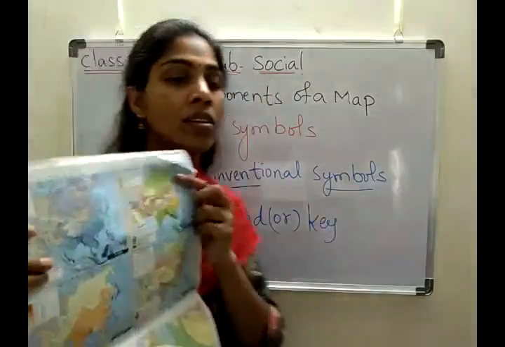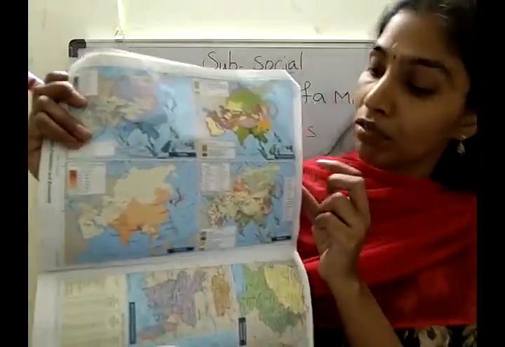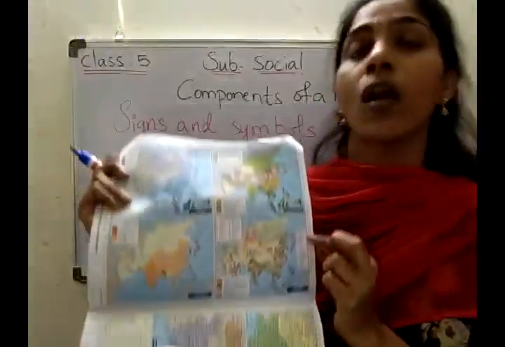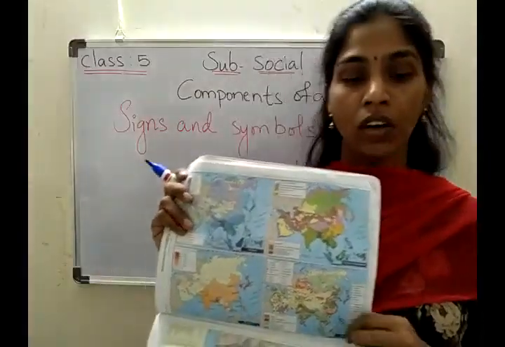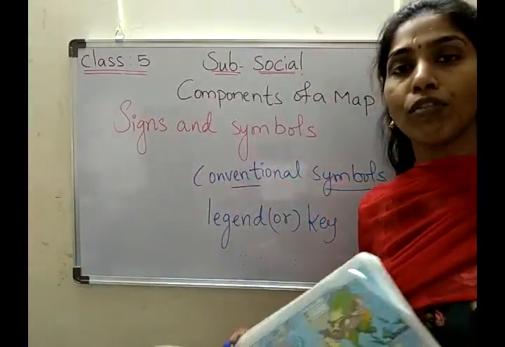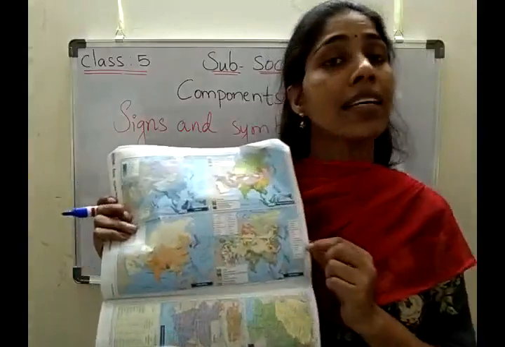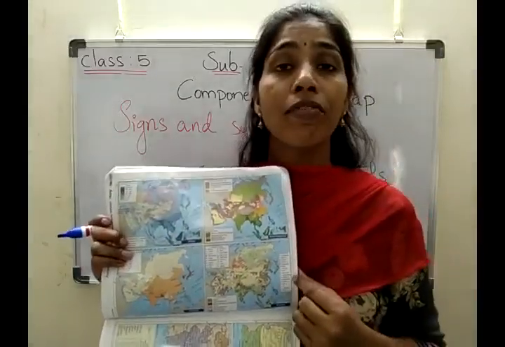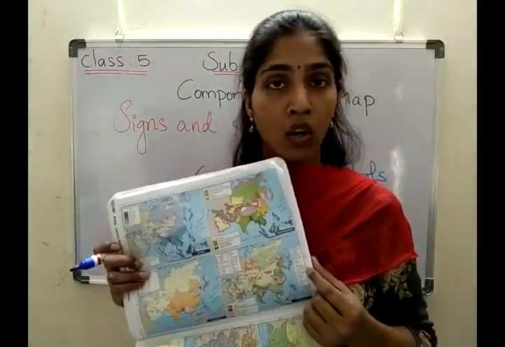Children, in the map we find a list of symbols in a table, so it gives a lot of information. We can call it legend or key. Have you understood, children? By seeing symbols easily we can identify.